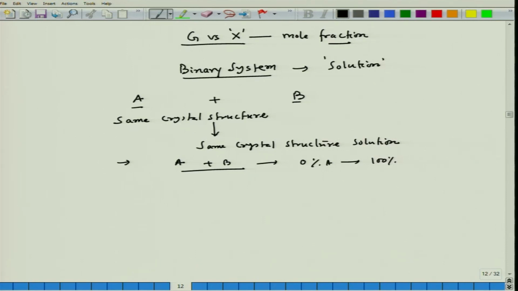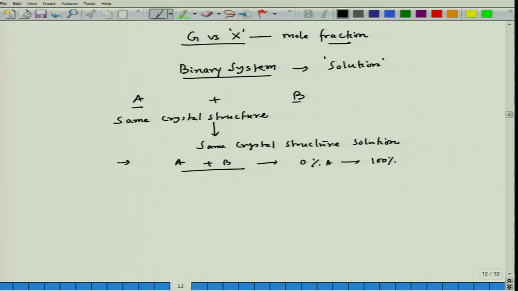Now, we consider that these are condensed systems. We are not looking into solutions formed by gases, because we will be treating steel as well as aluminum alloys, which are condensed, solid state, as well as sometimes we have to get into the liquid state, for example, casting.